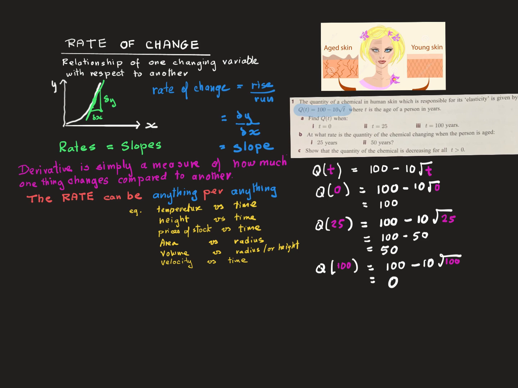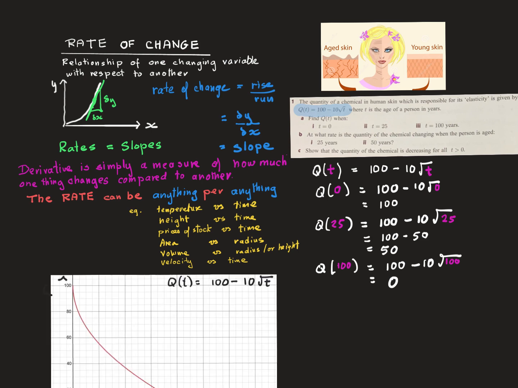I use Desmos. By looking at this graph, I can now look at the rate of change by looking at the slope. And so I will see that at the top, I have a very big negative slope. And as I continue down, I indicate this by smaller and smaller little negative signs.